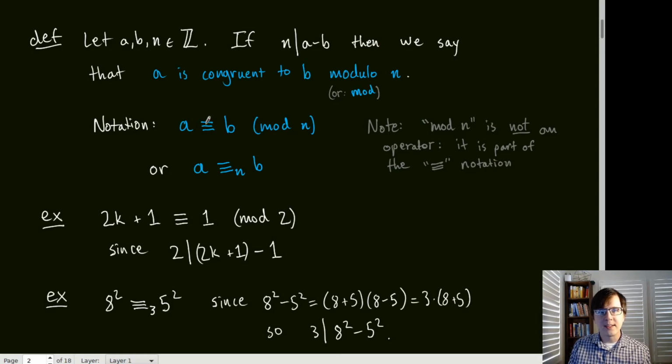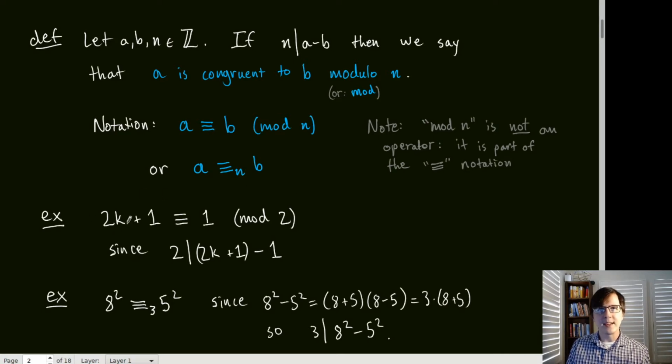It's just part of this congruence notation. If you have a CS background, then you might be thinking that we're computing something here, but it's just saying that these three numbers stand in this relationship of congruence mod n. That's something that confused me when I first was learning about this. We're going to use the second notation throughout the lecture.